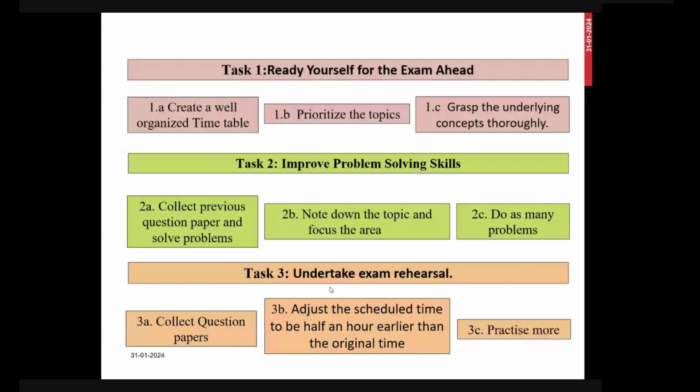So this is our aim to crack the examination, and this is a strategy for JAM examination. I think we are at the stage of exam rehearsal.